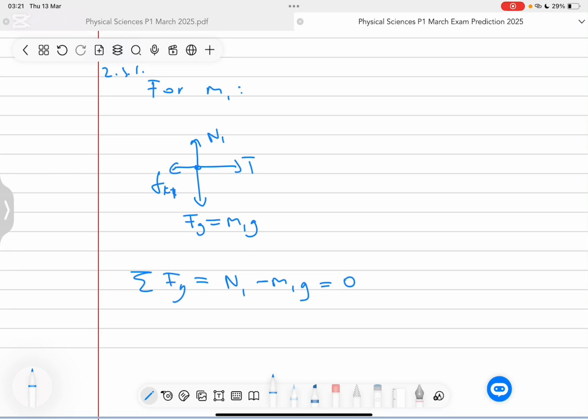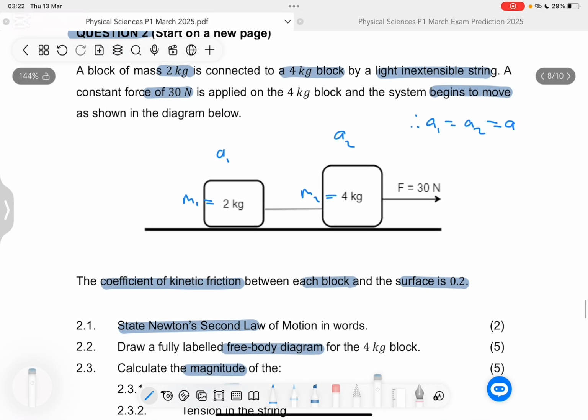Remember, what we are doing in the background here is that we're saying this net force is equal to mass times acceleration, right? That is Newton's second law. But in the y direction, our blocks are not moving. This block is not going up, it is not going down as well. It is only moving in this direction.